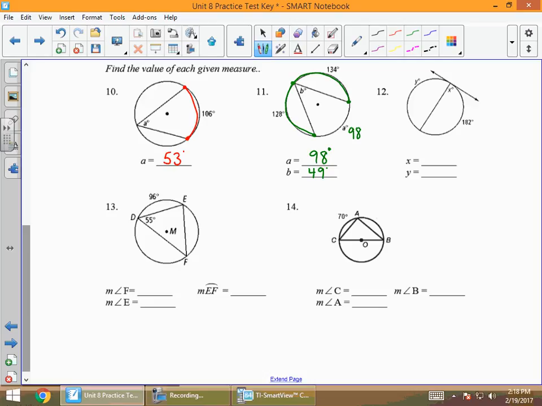And we know that a tangent and the diameter are always perpendicular. So that must be a 90. And then to find y, I know my first arc here is 182 degrees. And a whole circle must be 360. So 360 minus 182 is 178 degrees.